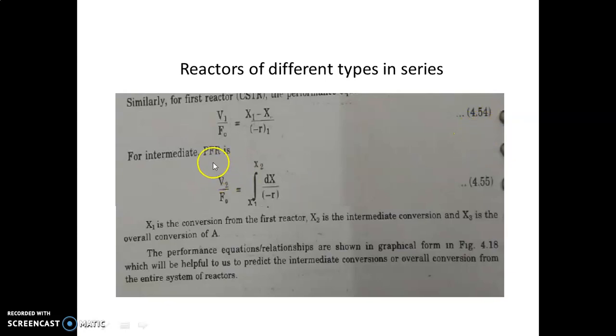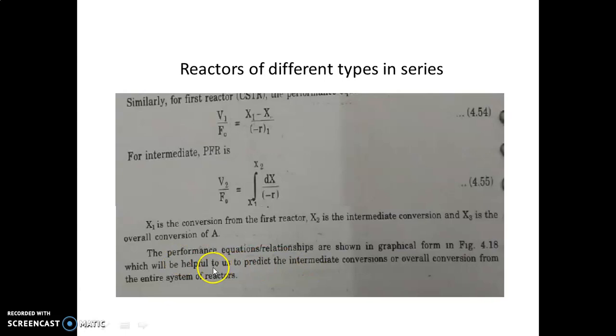Then the intermediate reactor, that means the middle reactor, which is the plug flow reactor. For this reactor, V2 divided by F0 is equal to the integral from X1 to X2 of dX upon minus R. So this is the plug flow reactor, therefore the integration is necessary for the performance equation.